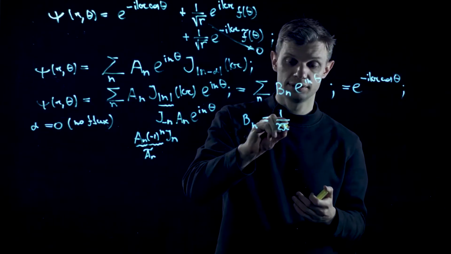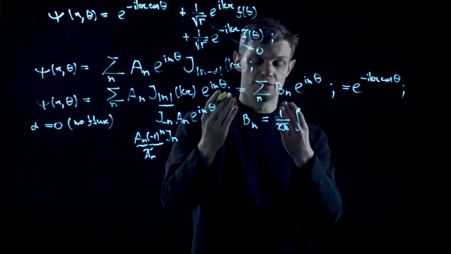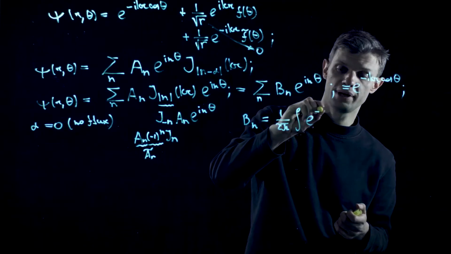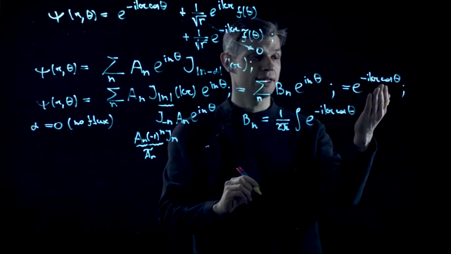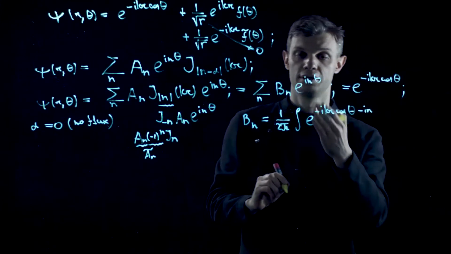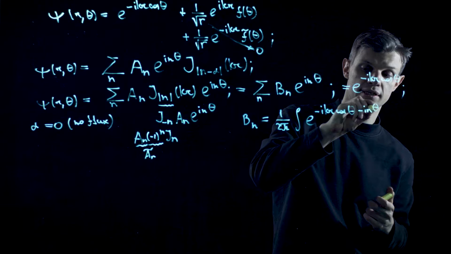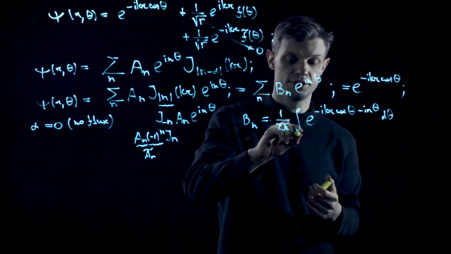And they are easily found from the integral representation of the Fourier coefficient. So it's simply e to the minus i k r cosine theta, the right-hand side, multiplied by the complex conjugate of the Fourier exponent, minus i n theta, and integrated over theta from 0 to 2 pi.